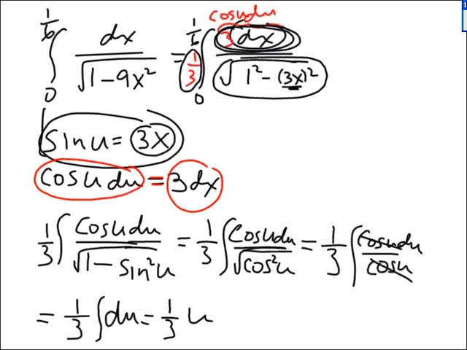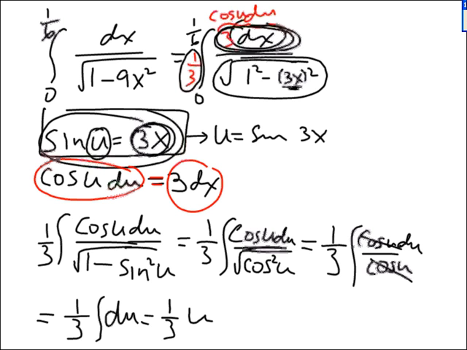Now, here's where the trig inverse comes in. If I interchange u and 3x, I can say sine u equals 3x.